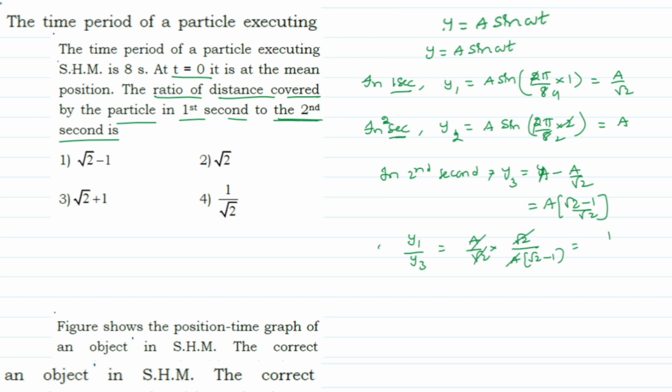A cancels, root 2 cancels, and we get 1 by root 2 minus 1. Multiply and divide by root 2 plus 1. Using a minus b into a plus b equals a square minus b square, 2 minus 1 is 1. So the ratio is root 2 plus 1.